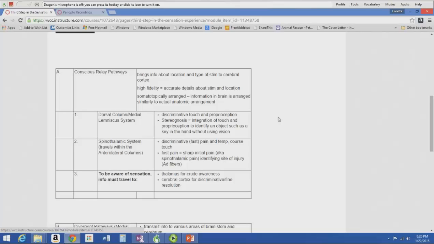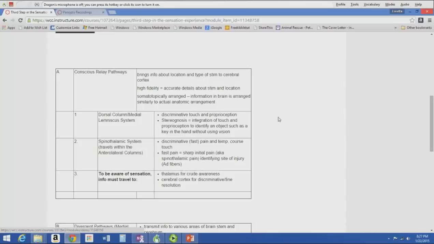Okay? So in order to be aware of sensation, that information must travel to the thalamus for crude awareness. It has to go through the thalamus to the cerebral cortex, and in the cerebral cortex, that's where it is discriminated and you get the fine resolution. That's where you figure out what that sensation is.